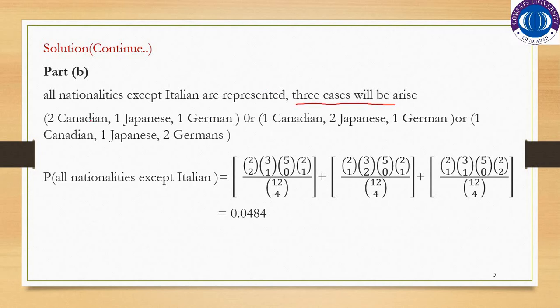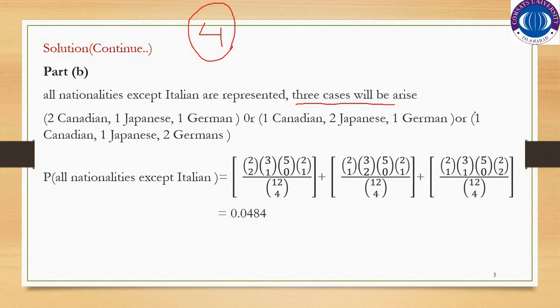The first case would be that as you are selecting the committee of 4 members, you select 2 Canadian, 1 Japanese, and 1 German. Or you can select 1 Canadian, 2 Japanese, and 1 German.